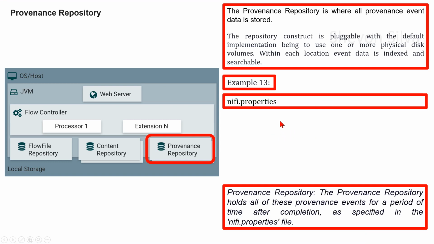Now we are considering the Provenance repository. The Provenance repository holds all of the Provenance events for a period of time after completion, as specified in the nifi.properties file. The Provenance repository is where the history of each flow file is stored.